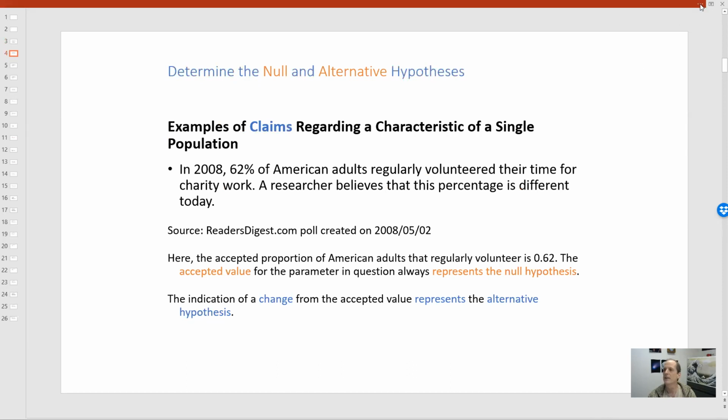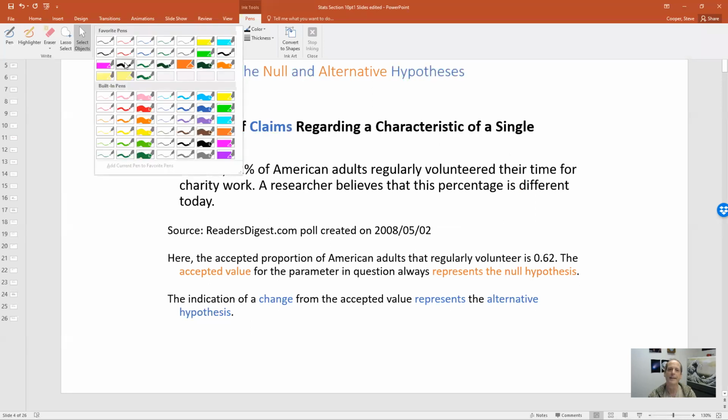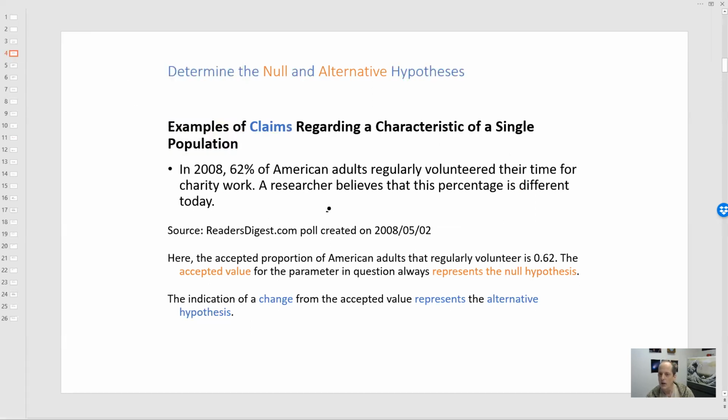So he didn't say larger or smaller, he just said different. So of my 3 options, we're talking about not equal to.